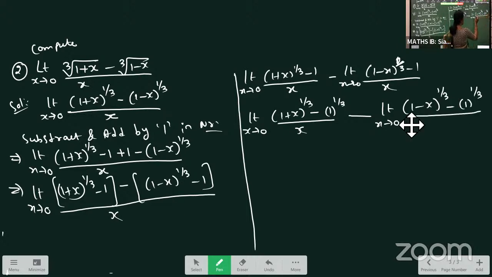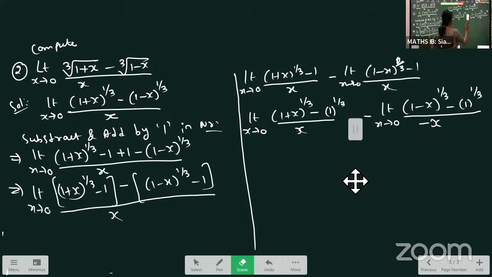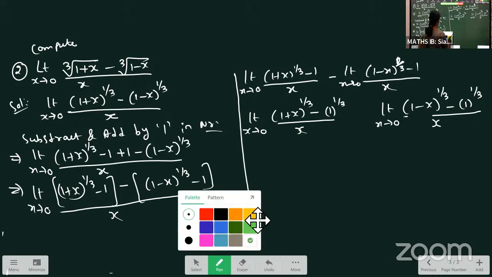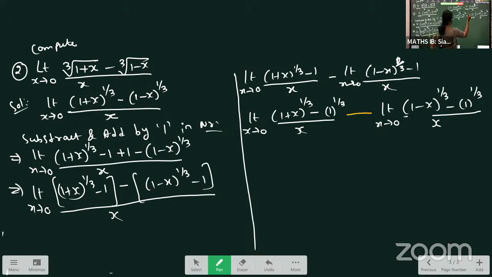So what we discussed, the denominator is supposed to be minus. So here in between, keeping plus and taking the minus sign here.